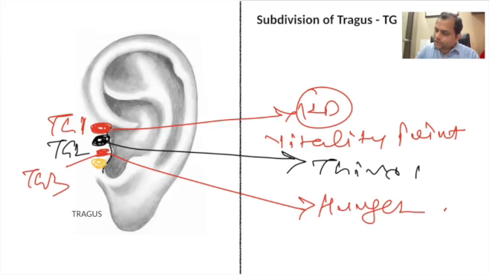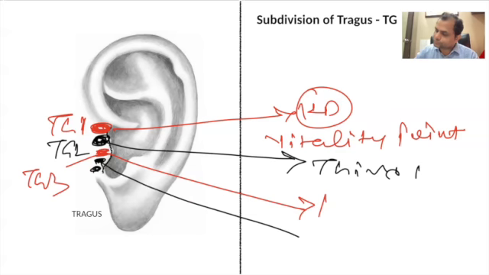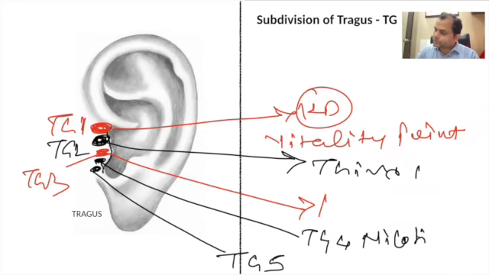Tragus 4, then the tragus 5. थोड़ा नीचे चले गए, वापस ऊपर जाते हैं. Tragus 4 and the tragus 5. So tragus 4 is the nicotine point and tragus 5 is the tranquilizer point.